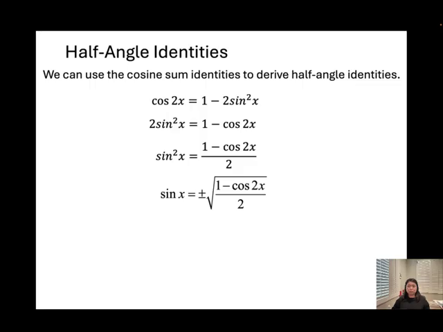We want to find the half-angle identities. So half-angle means the x has to be divided by 2. We're going to let x equal a over 2, and then multiply by 2 on both sides, so you get 2x equal to a. I replace the x with a over 2 here, and the 2x will be equal to a.